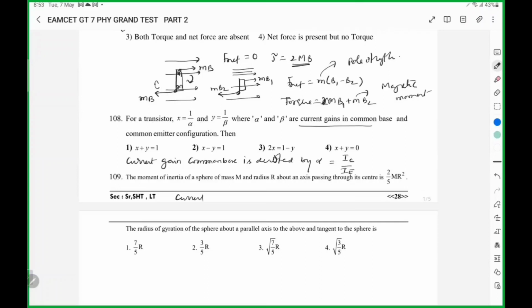Current gain in common emitter, beta, is defined as IC by IB.